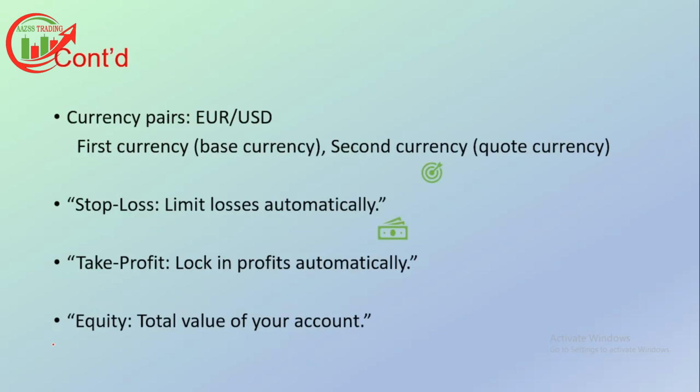The next slide is about currency pairs. Remember in the previous video I said I was going to explain a bit about currency pairs. In Forex, we trade currency pairs like Euro USD you see here. The first currency is the base currency. The second currency is the quote currency. Please get that right.